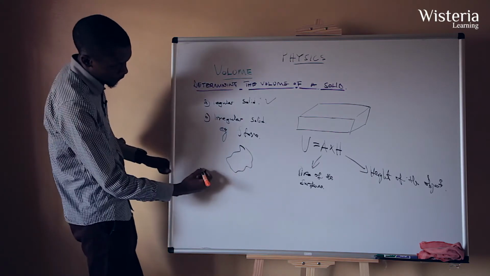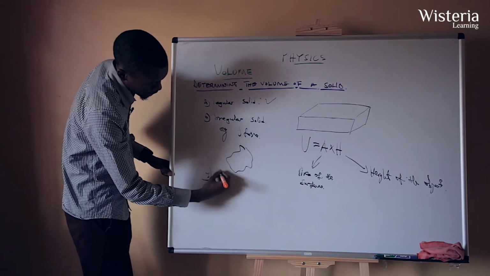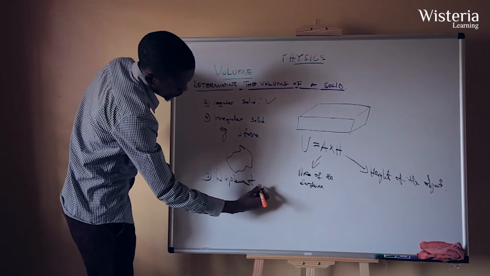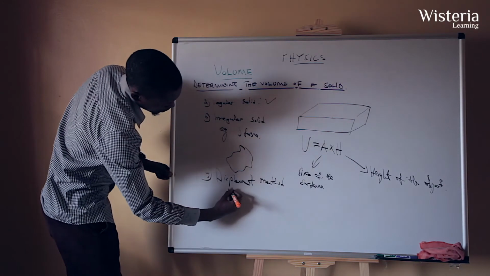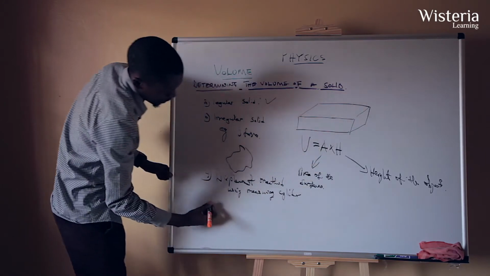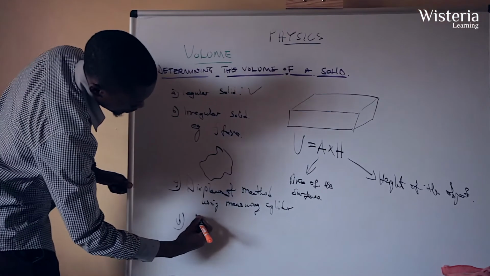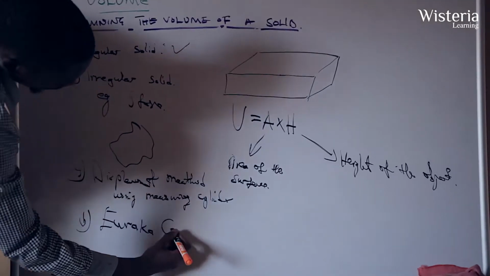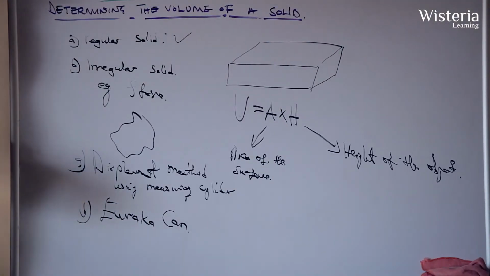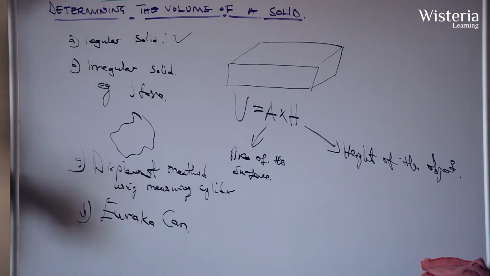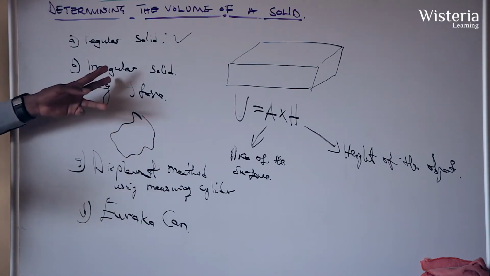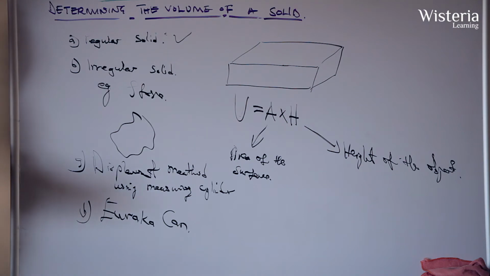The first one is the displacement method using a measuring cylinder. The other one is using a Eureka can, or an overflow can if you like. These are the two methods we can use to determine the volume of an irregular solid, and this is what we're going to look at.